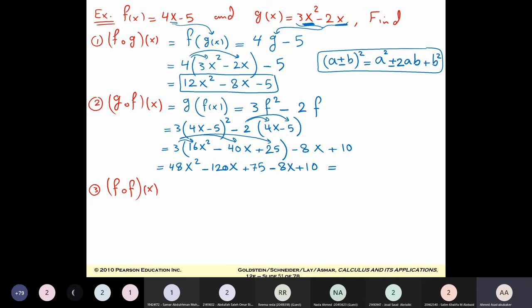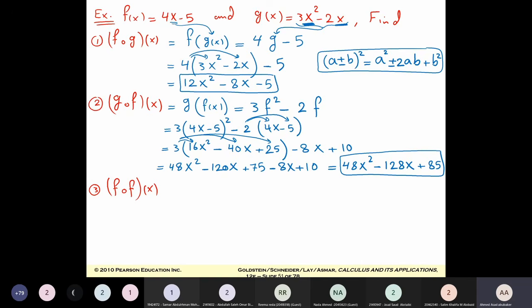We can do more simplification by adding or subtracting some terms: 48x squared, and we have negative 120x with negative 8x, which equals negative 128x. And we have 75 plus 10, 85. This is the g composite f.